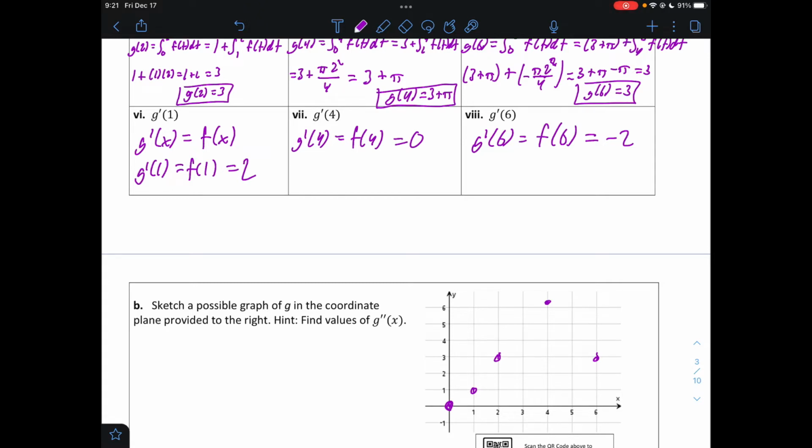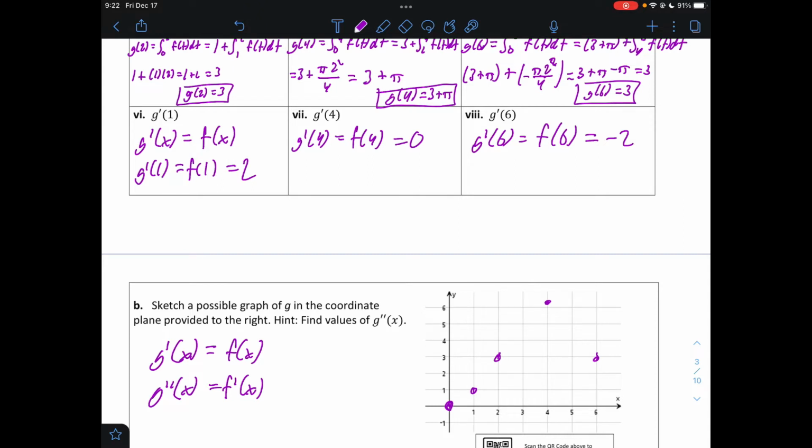If we wanted to find a couple values of the second derivative, g double prime, well, if g prime is f, that means g double prime would be f prime. So if we want to know the values of g double prime, which would help us with concavity, all we have to do is find the slope of f.